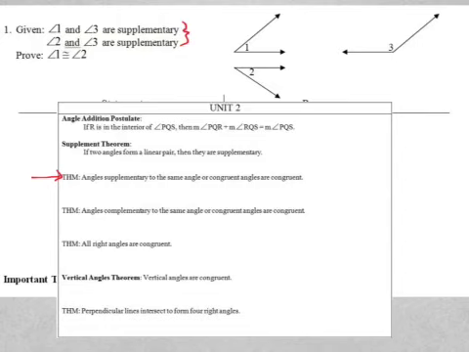So both of them are supplementary to the same angle. The outcome of our proof is going to be to show that they are congruent. So we're showing that the if-then statement, which is implied in that theorem, comes out to be true. Let's get started.